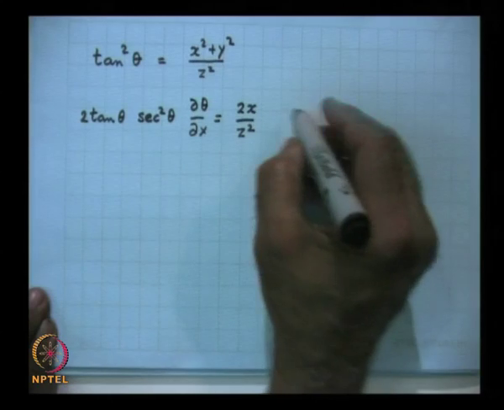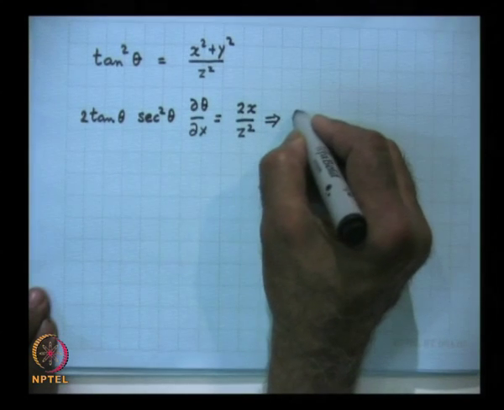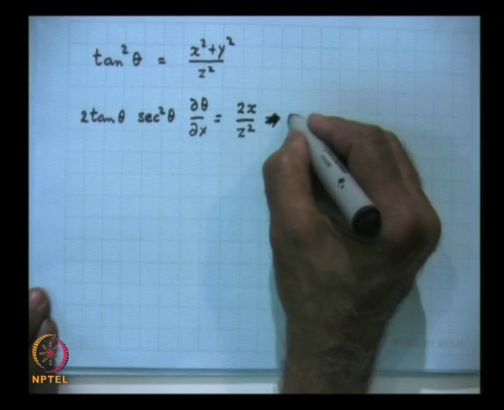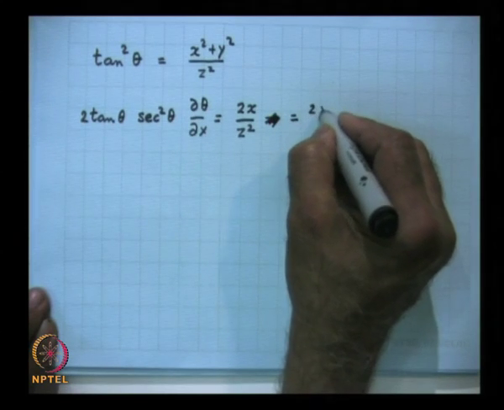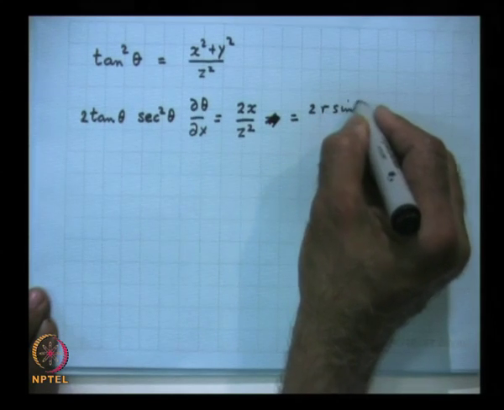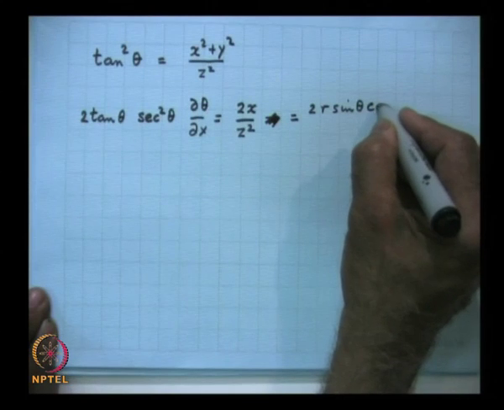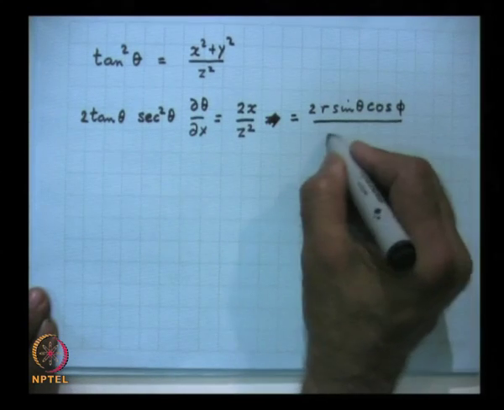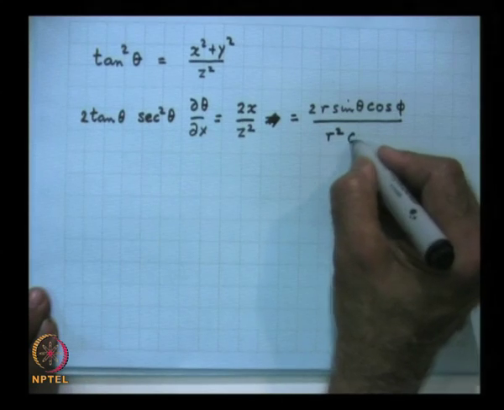The right hand side is equal to 2 r sin theta cos phi divided by r square cos square theta.